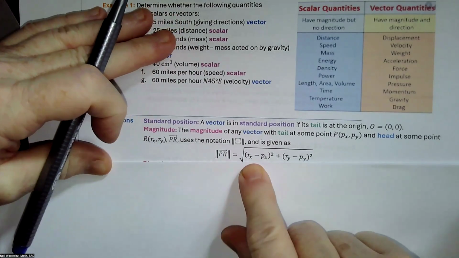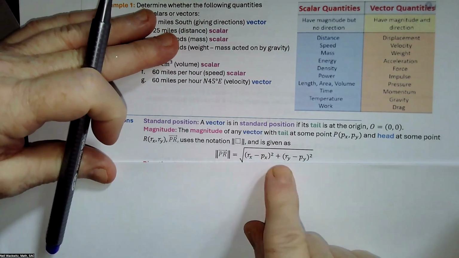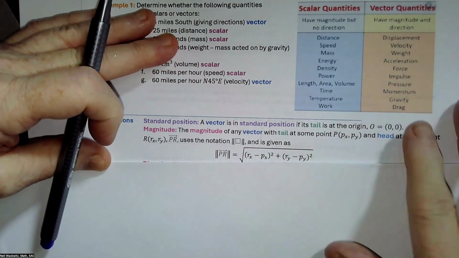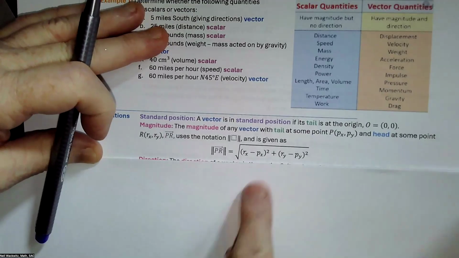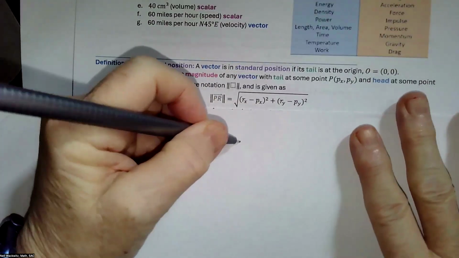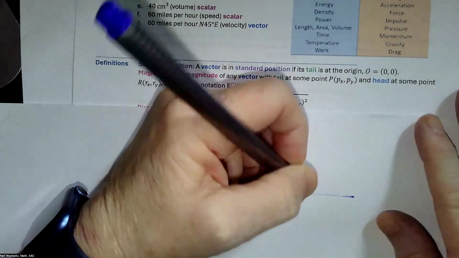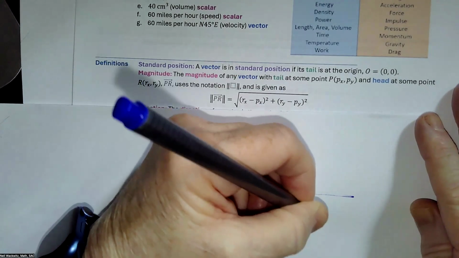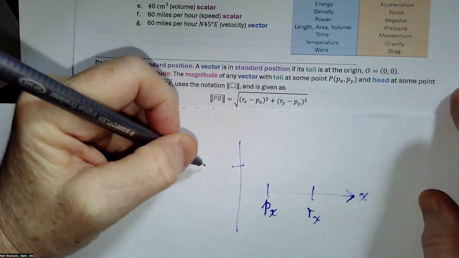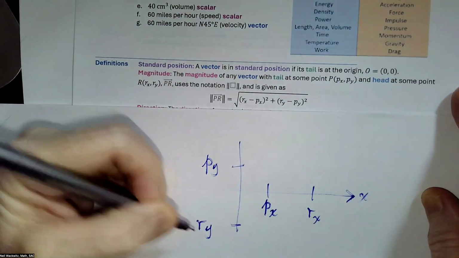PR is R sub X minus P sub X, all squared, plus R sub Y minus P sub Y, all squared, and the square root of that, which you can see is going to be just like the distance formula. So we've got P sub X, R sub X. Let's let this be P sub Y, R sub Y.